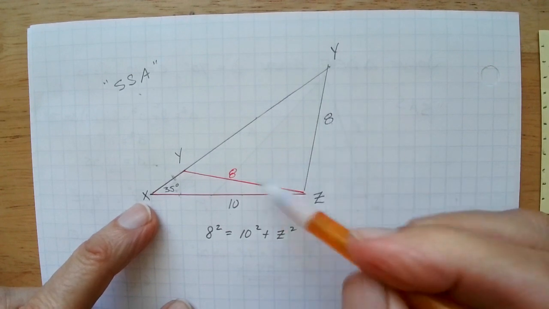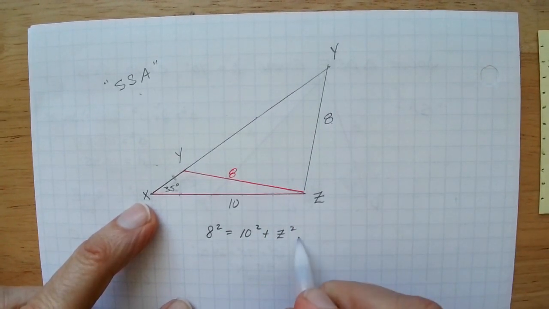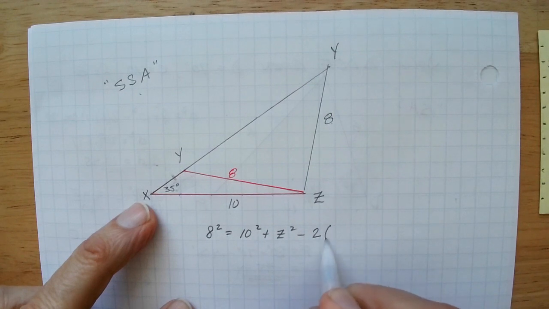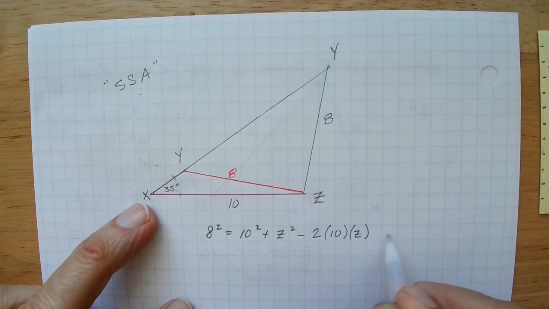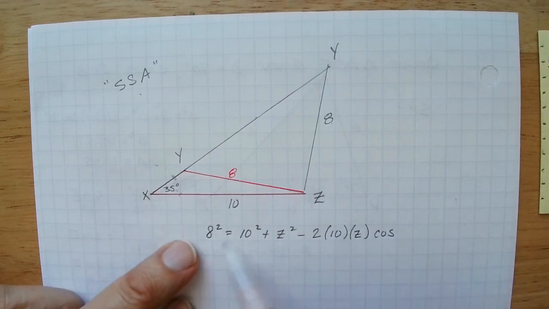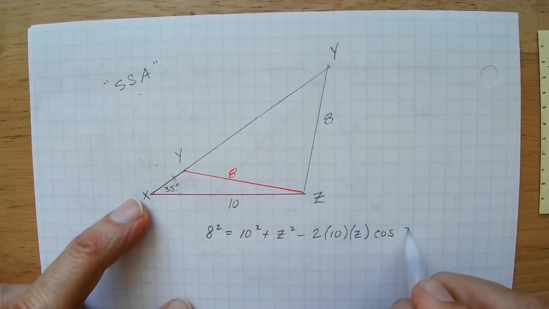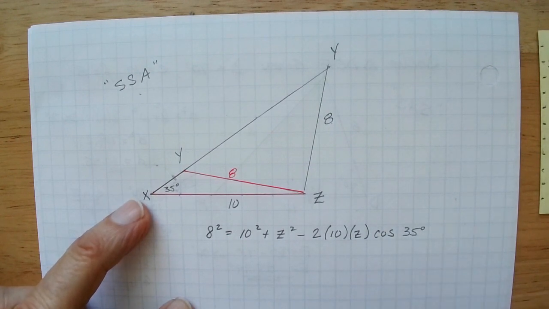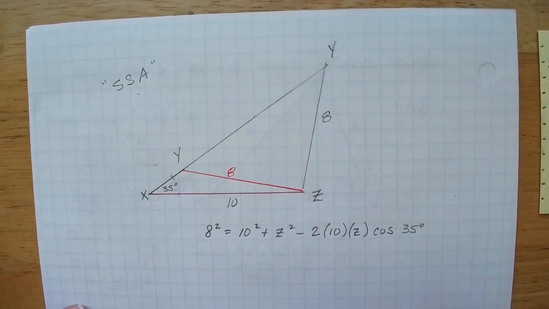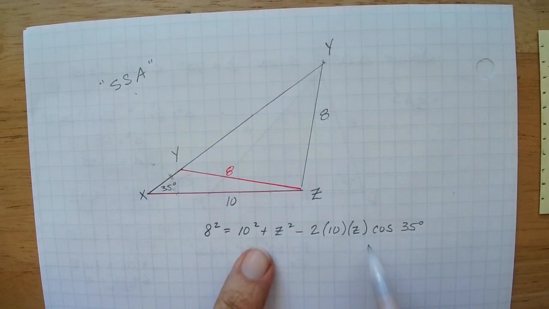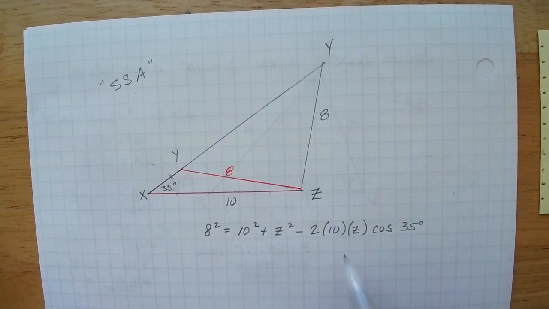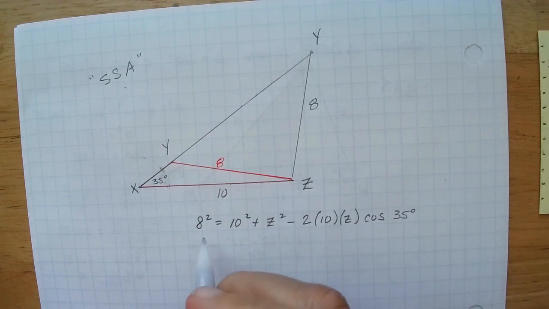So it's going to be 8 squared equals 10 squared plus z squared minus 2 times 10 times z times cosine of, and then across from the 8 is a 35-degree angle. So this looks a little different, but if you think about it a bit, you realize there's only a single variable here, z. So anytime you have a single variable in one equation, this is something we should be able to solve. And so now we're going to go through the steps and see what happens here.